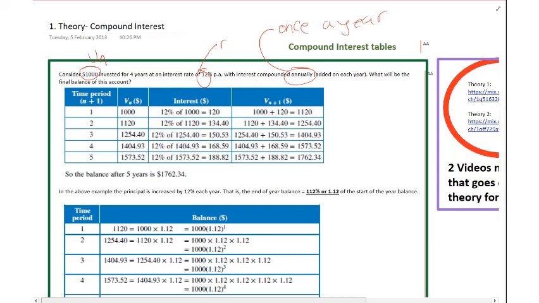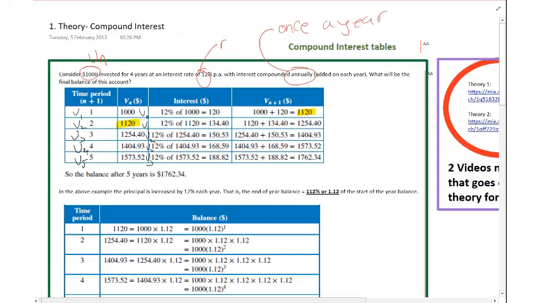Now, the key part here is that what I get for V1, which is 1120, I now use as my previous term for V2. So what you've really got here is V0, V1, V2, V3, V4. We'll be doing that a bit more later on, but I just want to give you the clear part here.